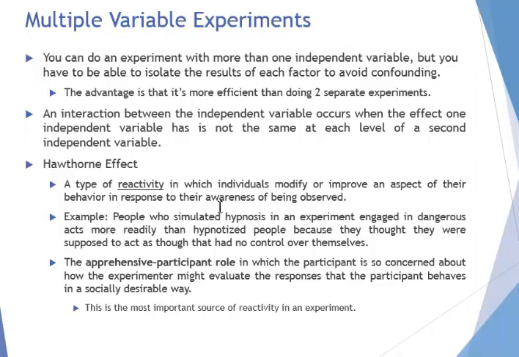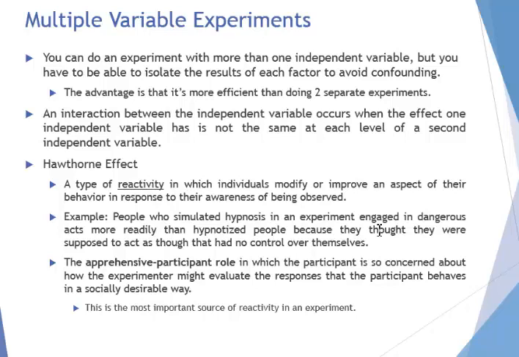An example: people who simulated hypnosis in an experiment engaged in dangerous acts. You've all probably seen these stage performances where somebody hypnotizes somebody else and then says, behave like a chicken, and the person clucks. But let's say a person knows that he's being tested for the effect of hypnosis.